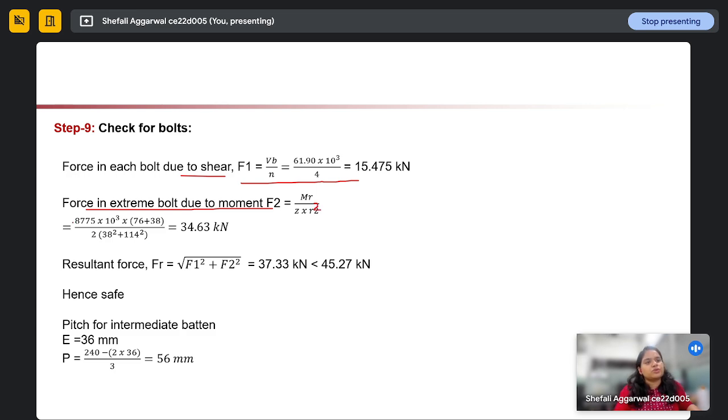Using all the terms, we can calculate our force in the extreme bolt, which is coming as 34.63 kilonewton. From these two forces, we will calculate our resultant force under root F1 square plus F2 square, which is coming as 37.33 kilonewton. So our resultant force should always be less than our design force, 45.27.